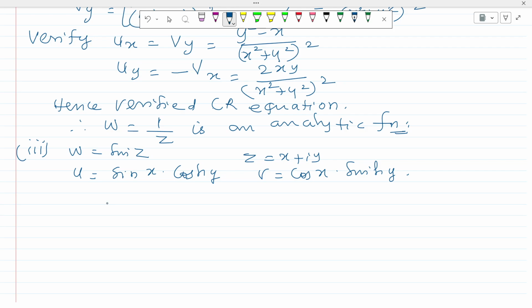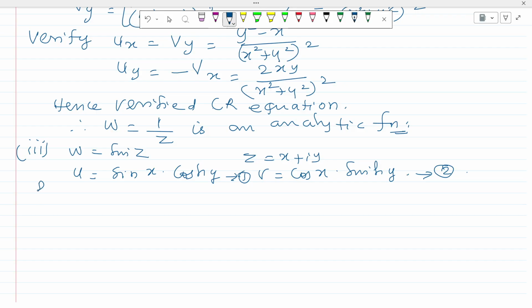Okay, fine. So now we have to find the four values: ux, uy, vx, vy. So what is ux now? You can take this as equation number 1 and this as equation number 2.